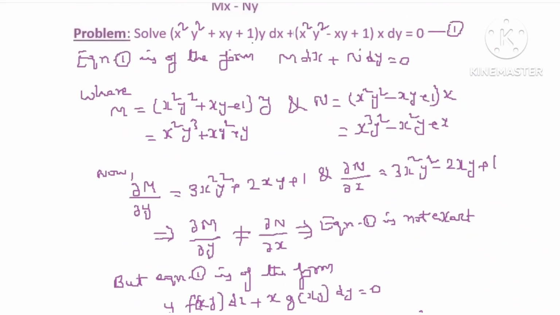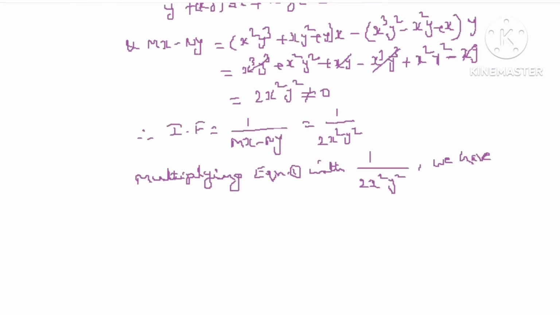So this divided by 2x square y square plus this divided by 2x square y square, when we multiply with 1 by 2x square y square.